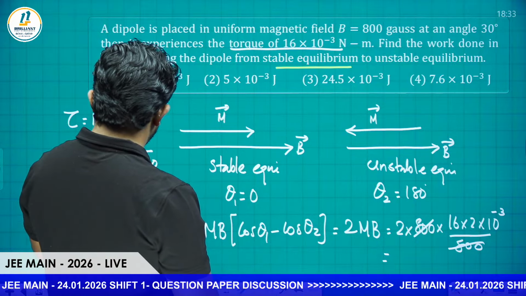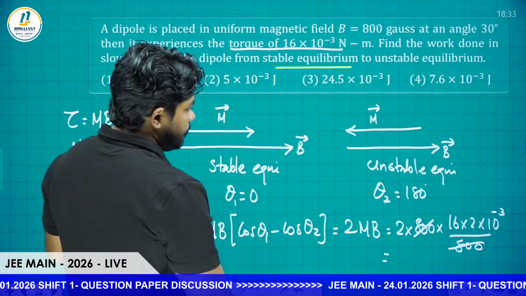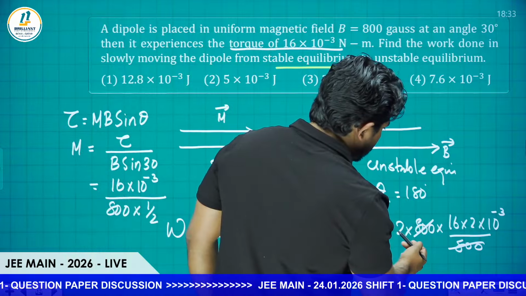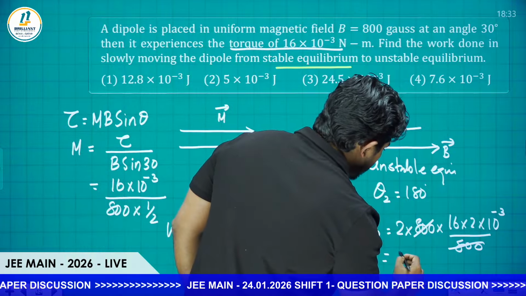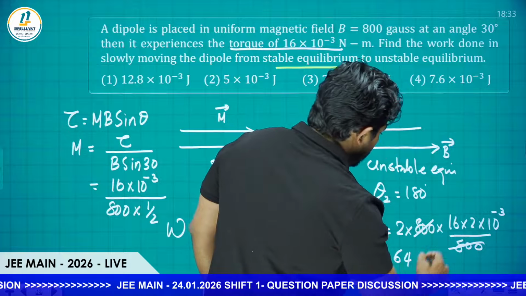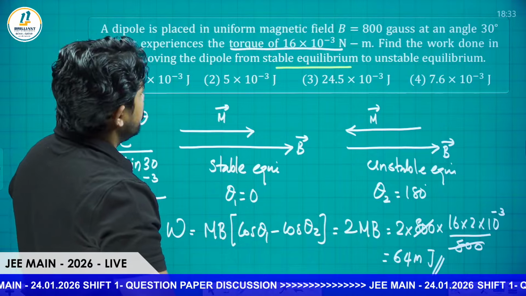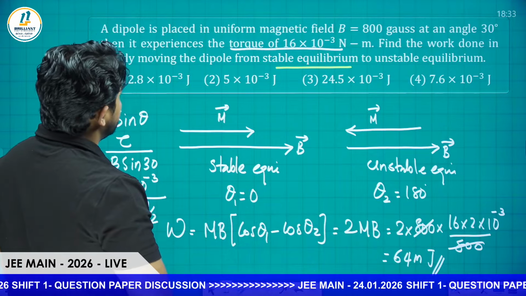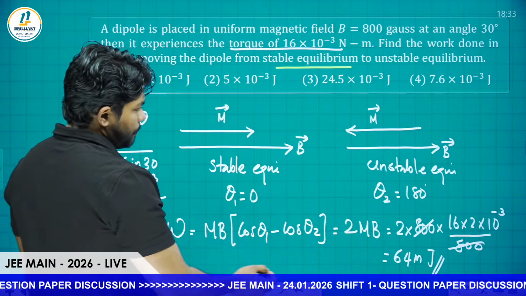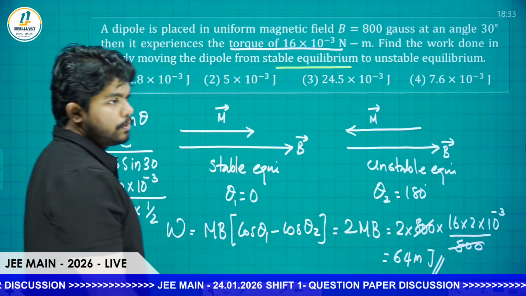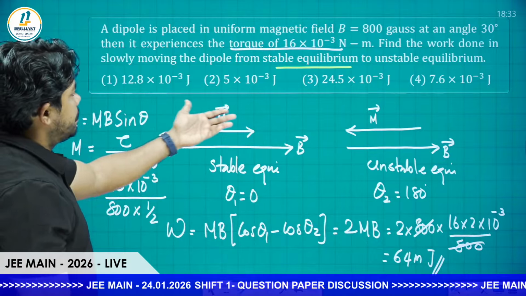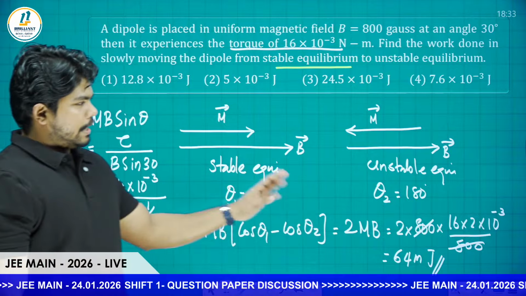Yeah, 2 will be here. 32 times 2, 64 will be the value, right? 64 millijoule will be the value. But I think the options are messed up, it should be 64, right? We are getting 64 millijoule.